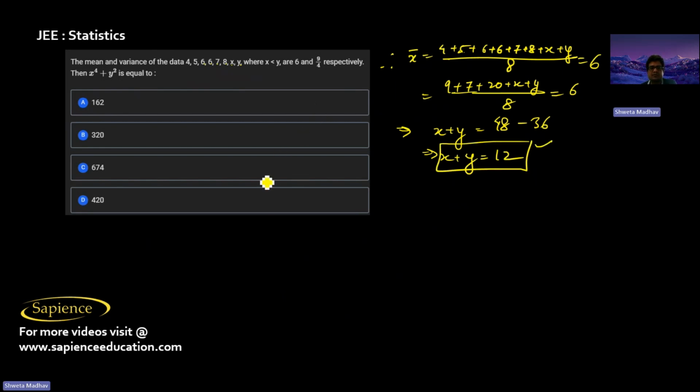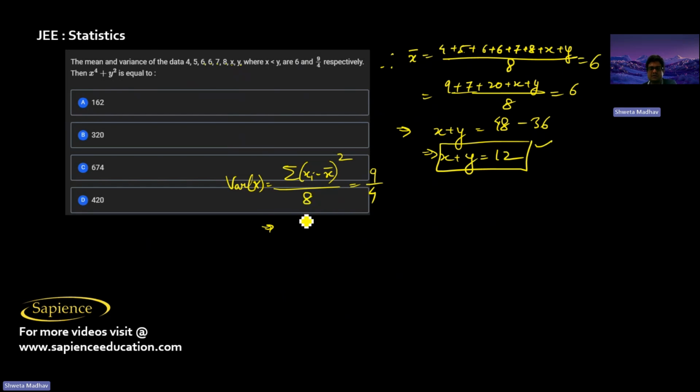And then the variance is, now the mean is 6, and x is less than y. Therefore the variance, that is summation xi minus x bar, which is 6, whole square divided by 8, is 9 by 4.